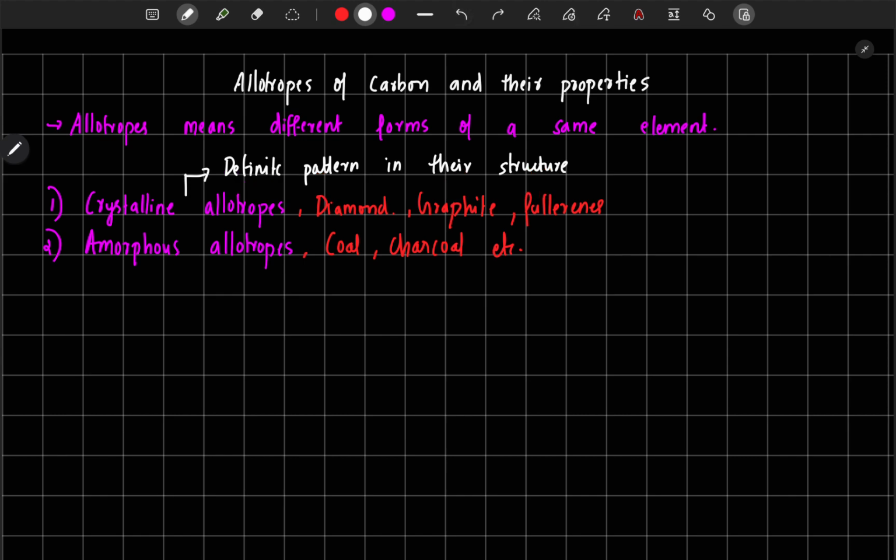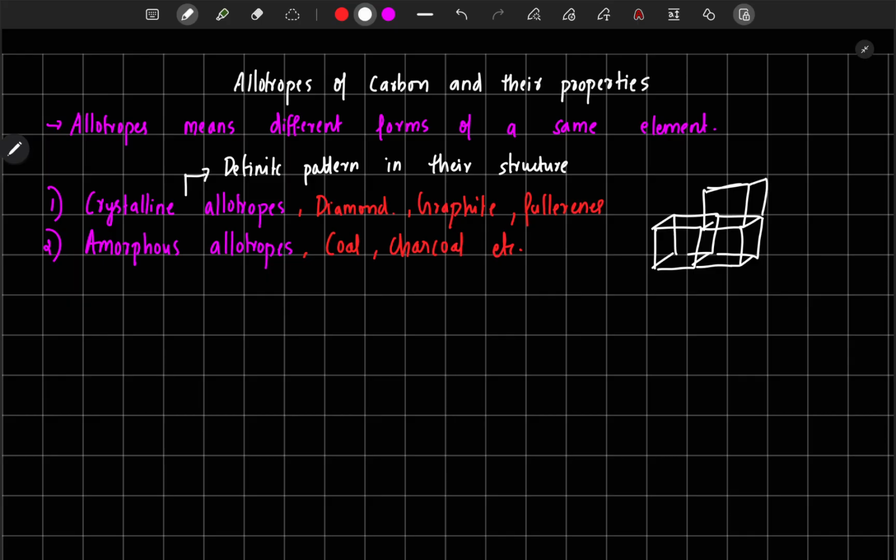For example, if we zoom in on some structures, not diamond or graphite, but generally, we will see some cubic patterns in their lattice.